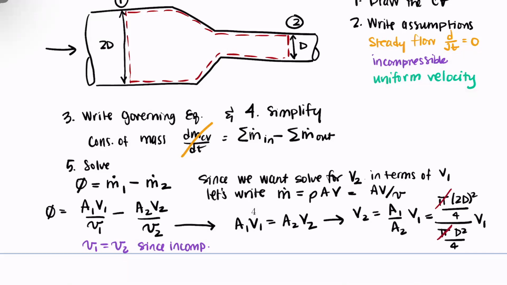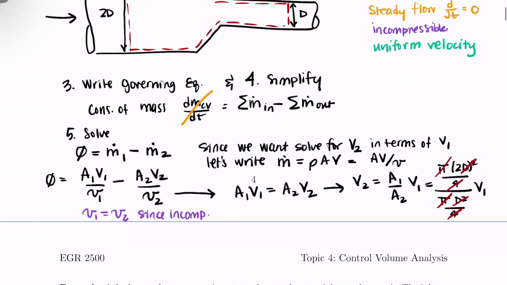So the pi's go away, the 1 over 4's go away, the d squares go away, and we end up with V2 is equal to 4 V1. Any questions on this problem?